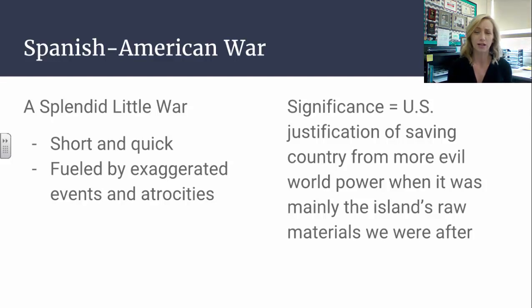When in actuality, we're there because we want to use it for its coffee and sugar. We want to take it over for the raw materials that they have to offer. So again, the significance is twisted there, but we see this theme that it's all about the raw materials, the potential for the markets, and we justify it with that social Darwinism, manifest destiny, arrogance.